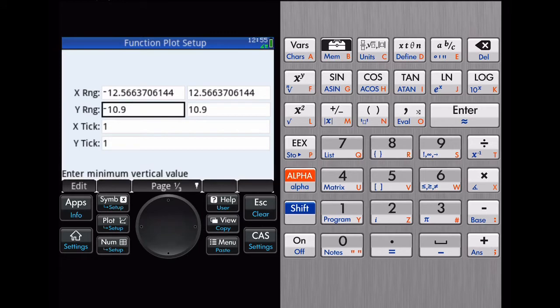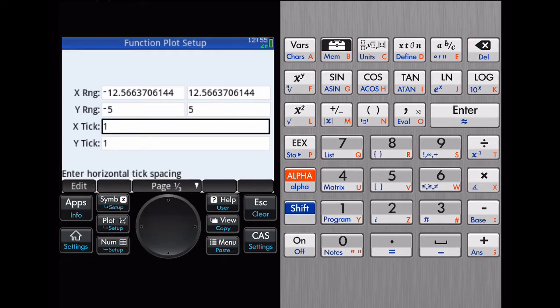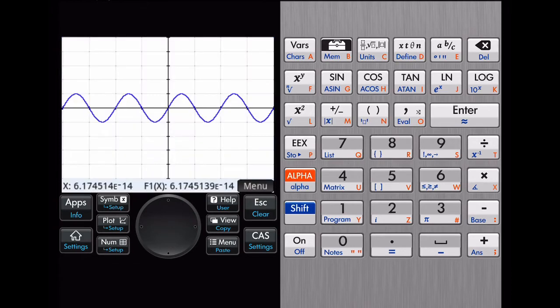Notice how it changes it to 12.5 because it's multiplying 4 times 3.14. And the y range, we're going to make negative 5 to 5. The x tick is what every tick mark is worth. So in the x direction, we want this to be pi, and in the y direction, it'll be 1. We're just copying the settings on the graph that I gave you for this worksheet. So now when I graph it, it fits exactly our worksheet.